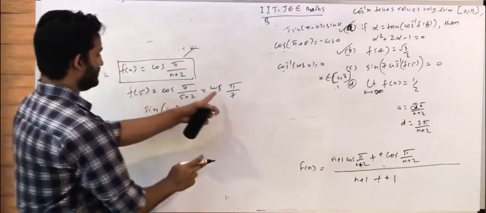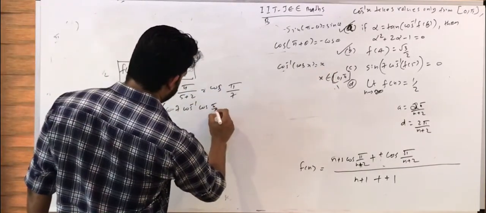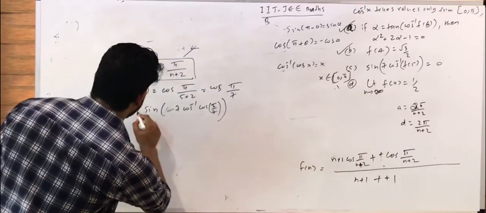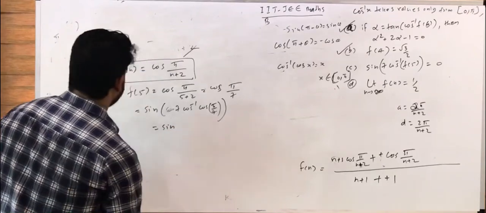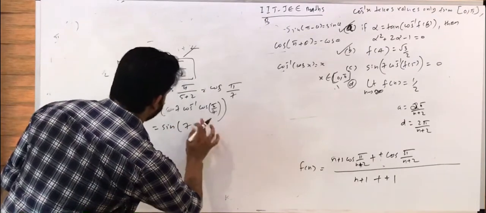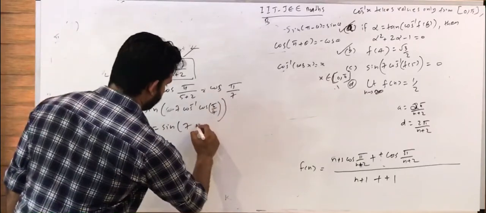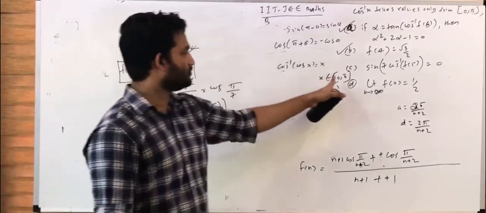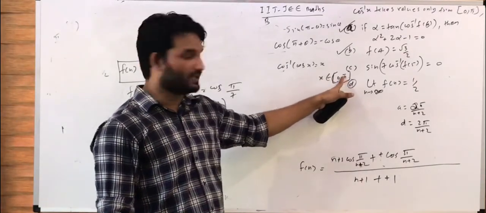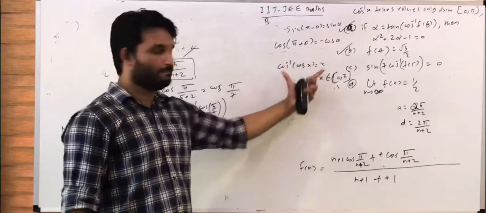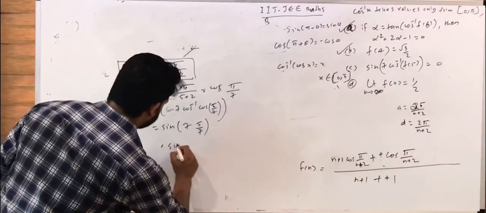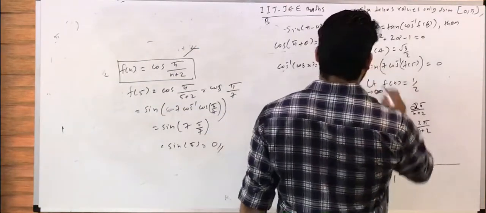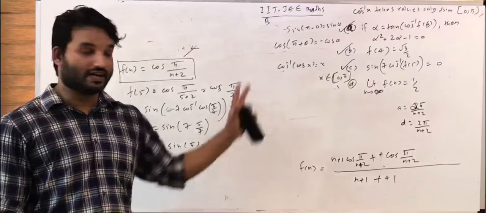We can substitute cos pi by 7, that is equal to sin of 7 cos inverse of cos pi by 7, equal to pi by 7, because this pi by 7 belongs to the cos interval 0 to pi. That's why we can use this formula. So it becomes sin pi, that is equal to 0. So this option C is also correct.